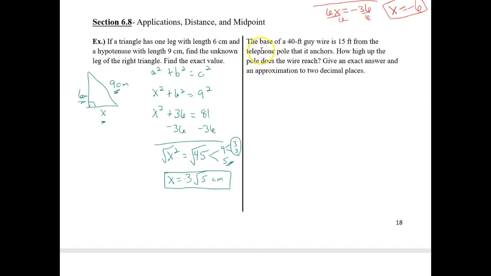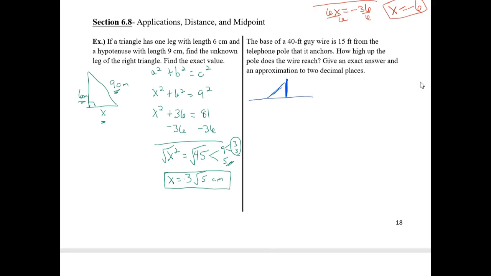The problem says the base of a 40-foot guy wire is 15 feet from the telephone pole that it anchors. How high up the pole does the wire reach? Give an exact answer and an approximation to 2 decimal places. So I said to draw a picture. So I've got my telephone pole here, and we've got a wire that's coming from the telephone pole down to the ground.